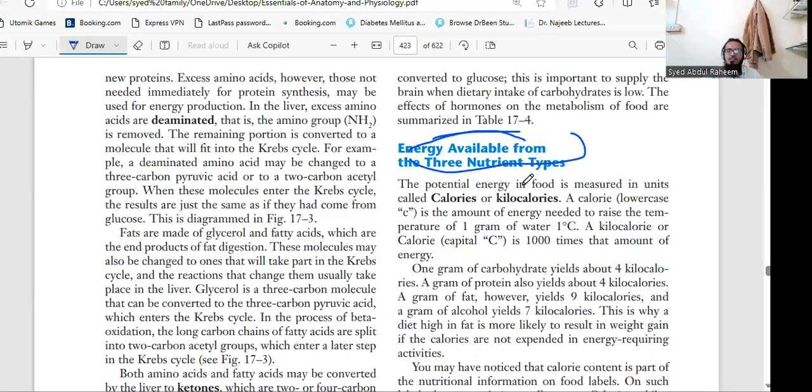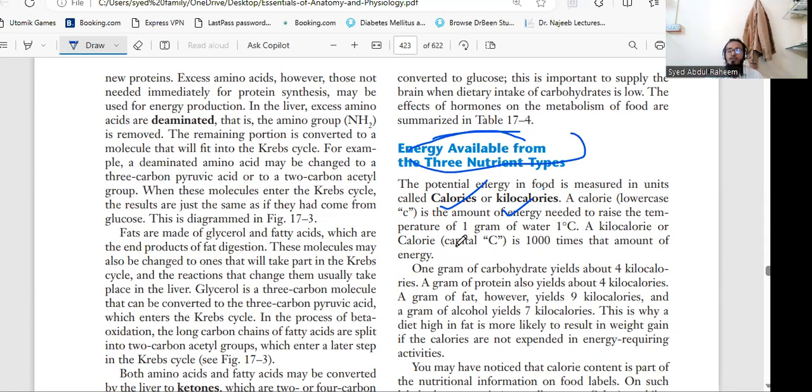The potential energy in food is measured in units called calories or kilocalories. So basically, whatever energy is stored in the food we are eating is measured. It is measured in calories, C or kcal. A calorie is the amount of energy needed to raise the temperature of 1 gram of water by 1 degree.